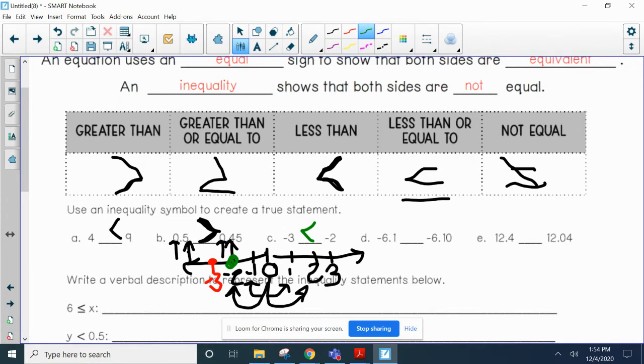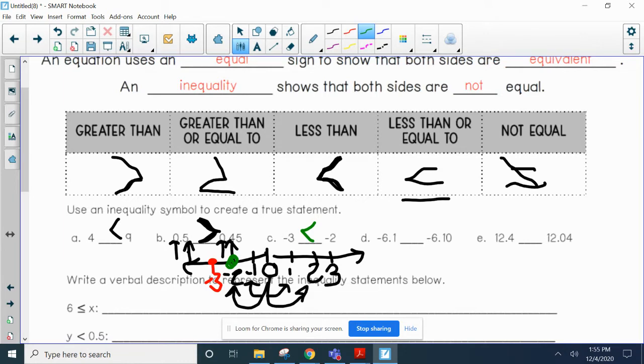If I owe you $3 and I owe my mom $2, I owe my mom less money because I don't have to give her as much of my money. I'm losing $2 to my mom versus losing $3 to you. Think of it as a loss. You're losing less the smaller it is. All right.